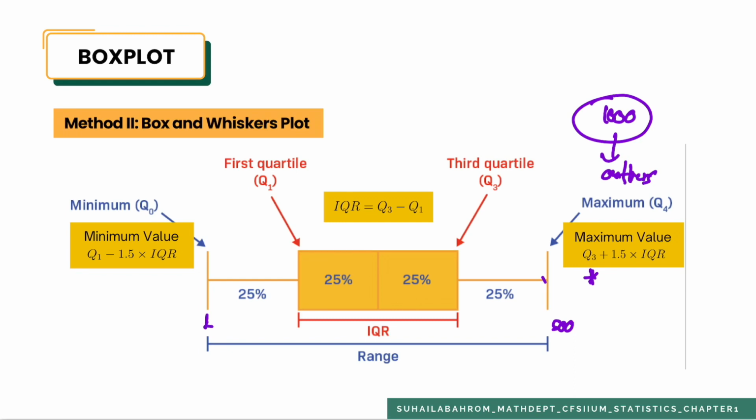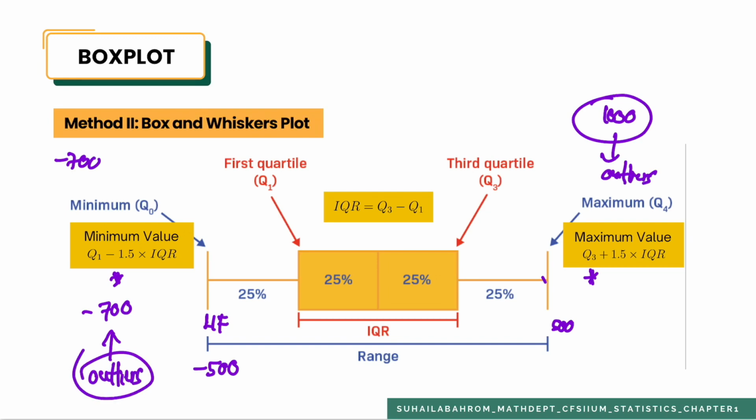Let's say this is your lower inner fence, and the lowest value that you can have is, let's say, negative 500. And in your data set, you have the value of negative 700. So negative 700 will fall beyond your lower inner fence, and this data we call an outlier.